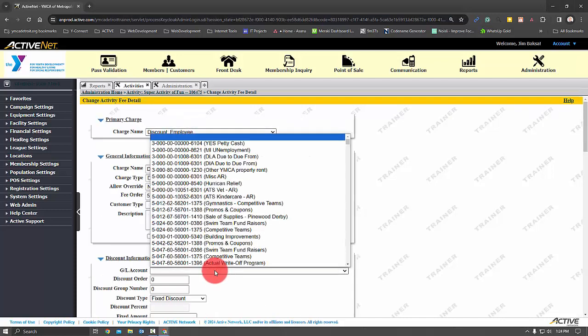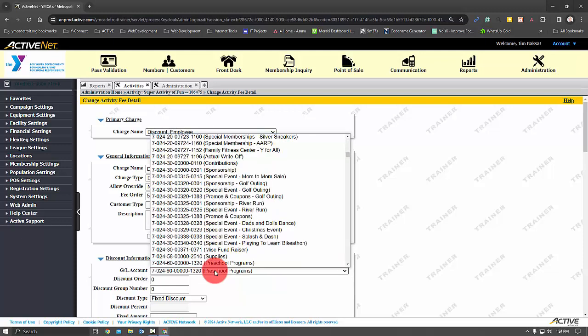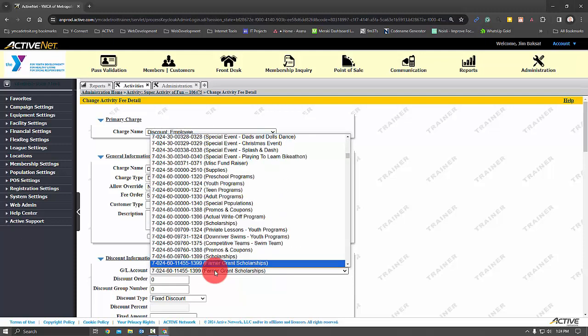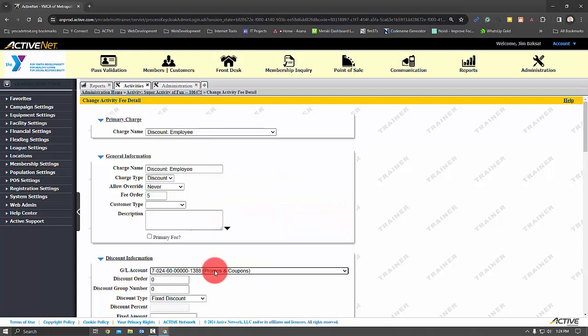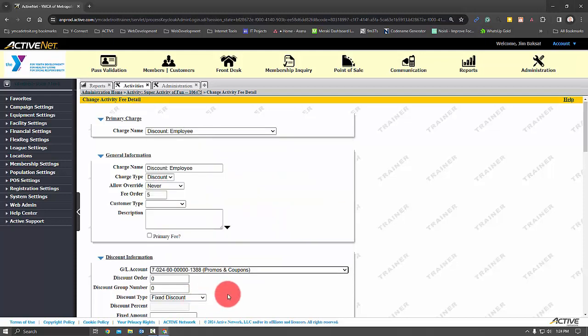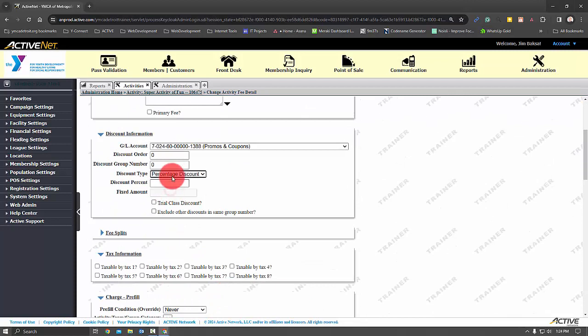And we would do our 7024 60 13 99 because it's a, I'm sorry, for employees it's 1388. But for all the other scholarships it's going to be 1399. So we'll do 1388 promos and coupons for employees, and we'll give them whatever that percentage discount is.